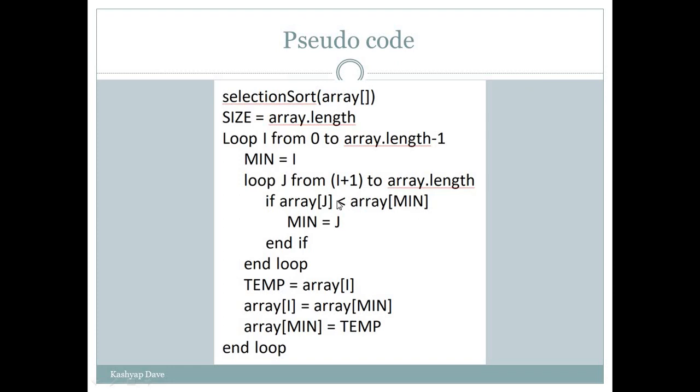If we find one that is smaller, then we set minimum equal to j, and we swap the numbers with this code. So this is the pseudocode of the selection sort algorithm. After this you can implement it in any language: C, C++, Python, JavaScript, any.